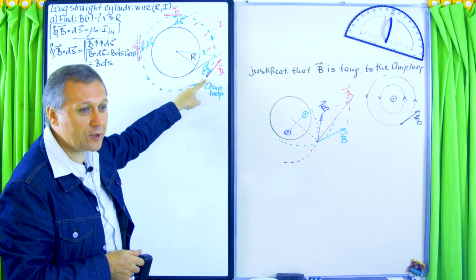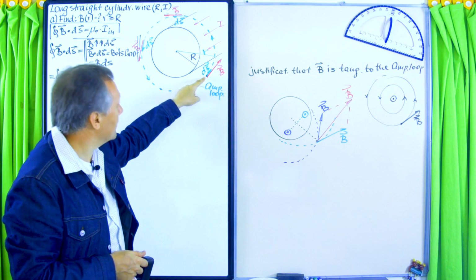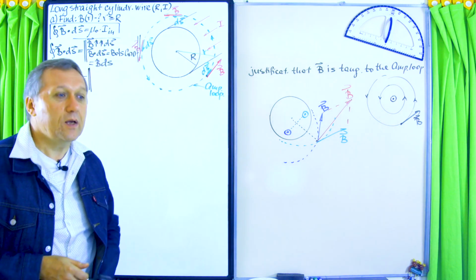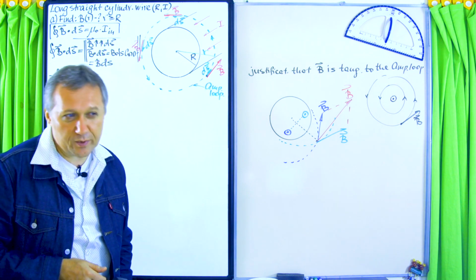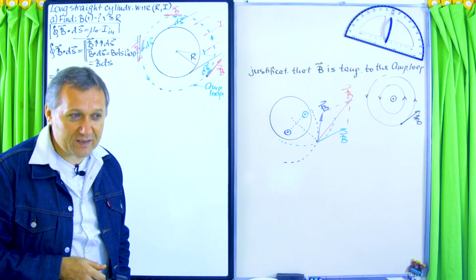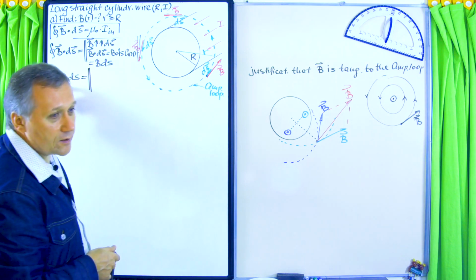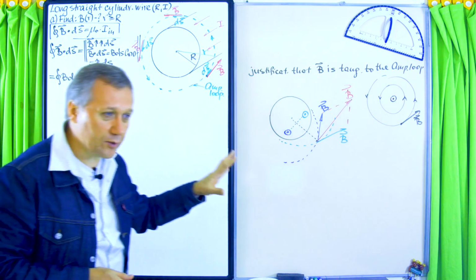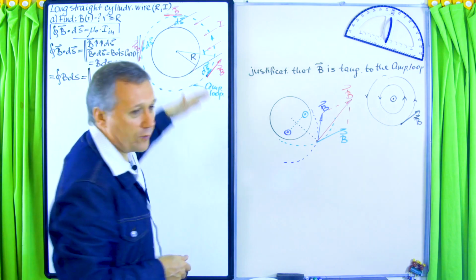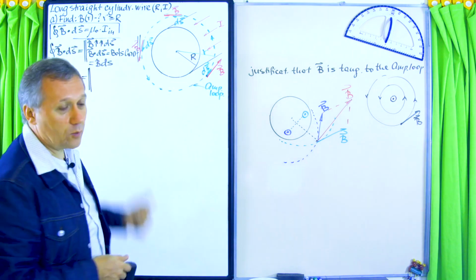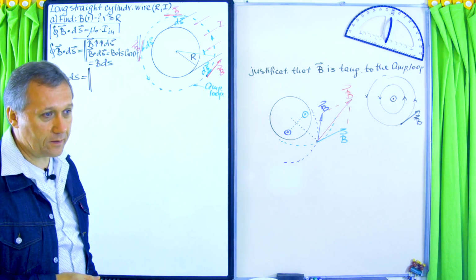It doesn't matter where you are on the Amperian loop, at any point on the loop, the magnetic field strength is going to be exactly the same. So we can say that B is constant in this integral, because in this integral we are on the Amperian loop. We're not allowed to step away from the loop. In this law, we all the time stay on the loop.